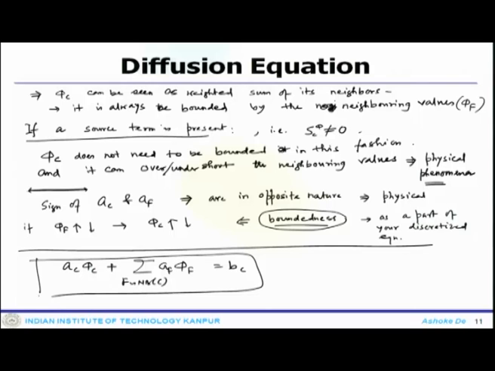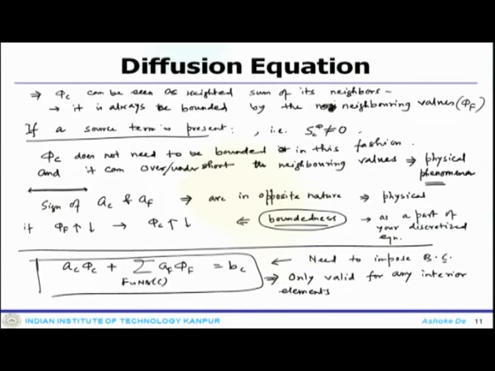Now, once you get that discretized equation system, you can always find the coefficients, but you need to impose boundary conditions, and this equation is only valid for interior elements.